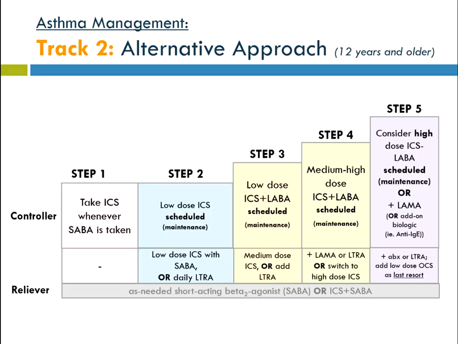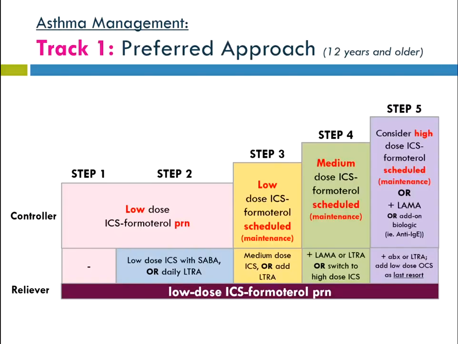So a patient now who was only on albuterol for their rescue therapy is not on our preferred treatment. Okay? I will say that ICS plus formoterol is the only one that is FDA approved and preferred for reliever therapy also.